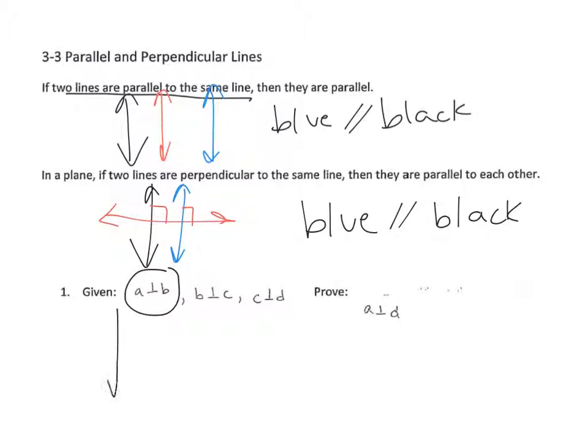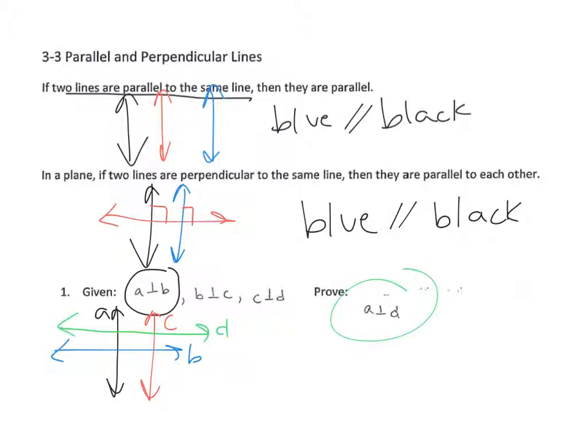If A is perpendicular to B, so here's A, here's B, and B is perpendicular to C, this is C, and C, I'm going to change color here, is perpendicular to D, so here's D, this is why A is parallel to D. I would draw sketches, it just makes it a lot easier and you can see what's going on.